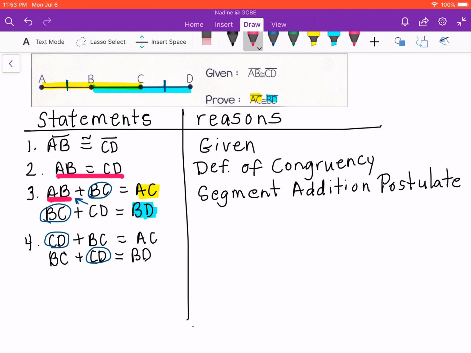We can do a transitive property. Remember, the transitive property states that if you have two things that are equal to the same thing, then they are equal to each other. So AC is equal to CD plus BC, and BD is equal to BC plus CD. That means they're equal to each other. So our fifth statement is going to be that AC is equal to BD.